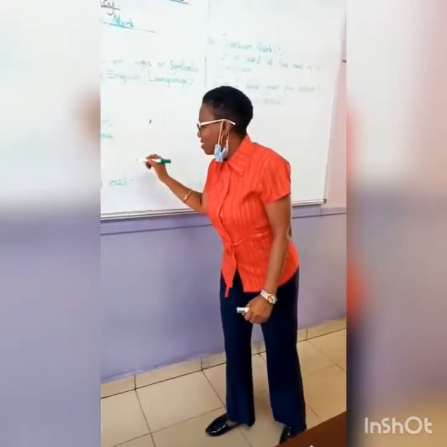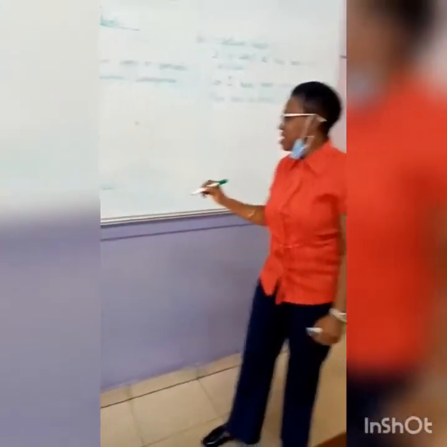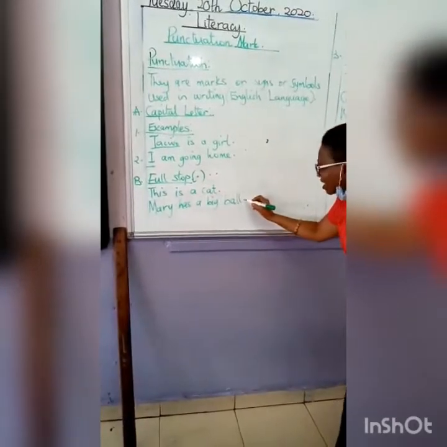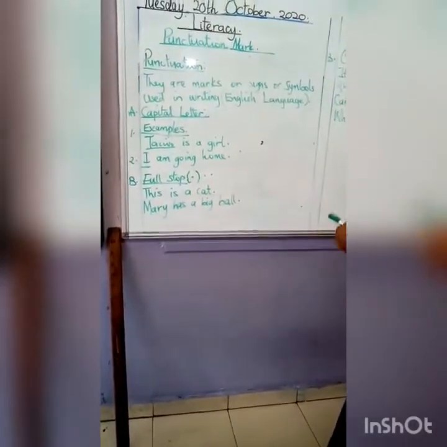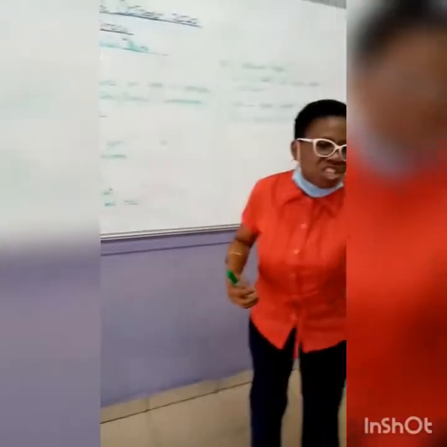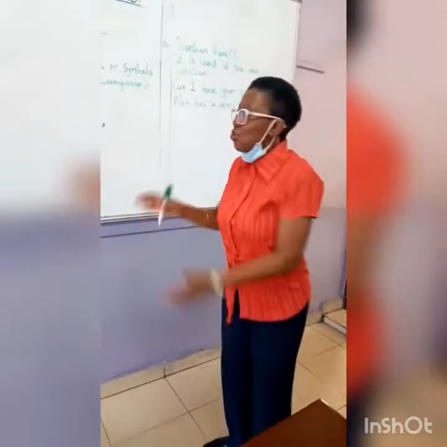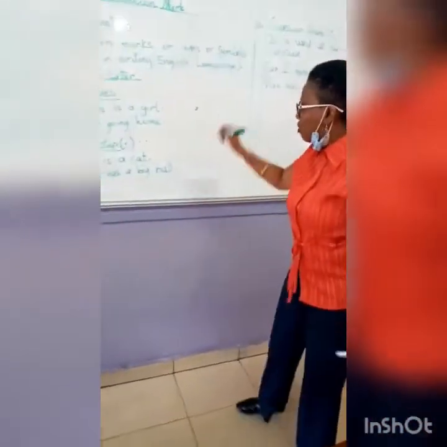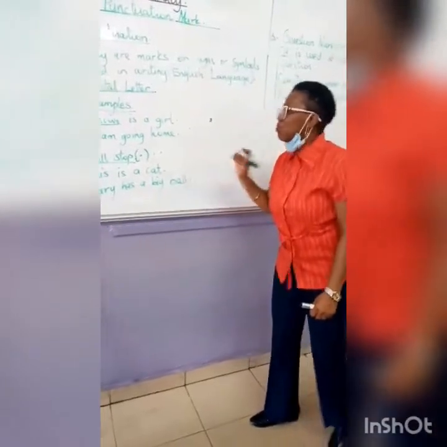This is a cat. Mary has a big ball. If you do not add the full stop, it might suggest that you still want to continue the sentence. So when you are done with your sentence, always add your full stop.